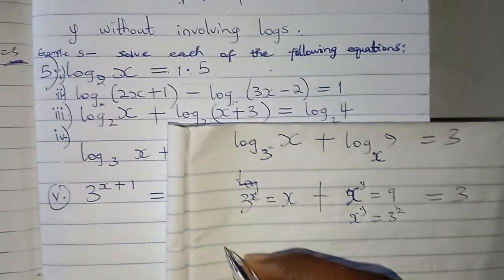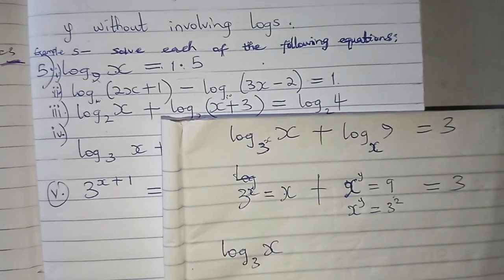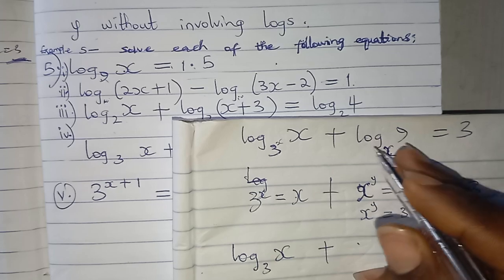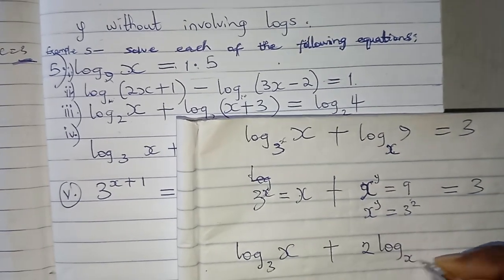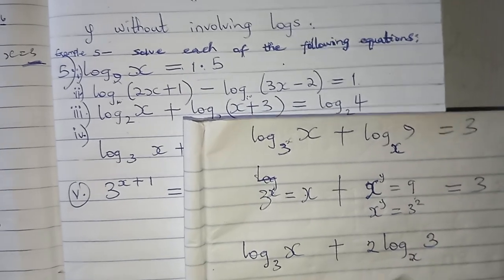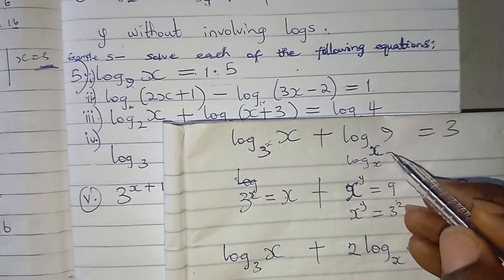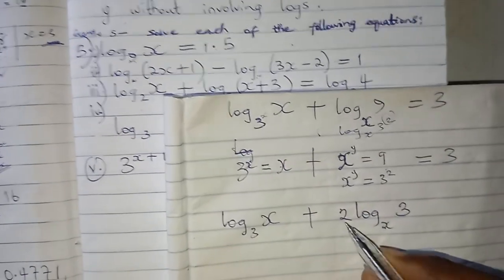So I can simply write this as log x to base 3 plus this log 9 is the same thing as saying 2 log 3 to base x. If you remember, this is log 3 squared to base x. Using power law, it will come over. That is what I did here.